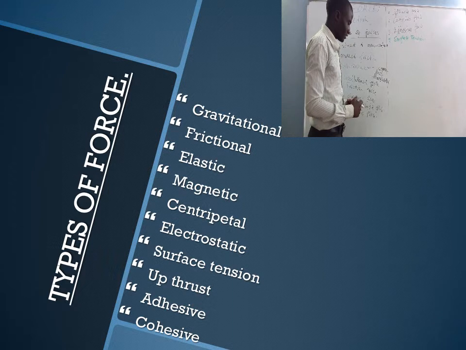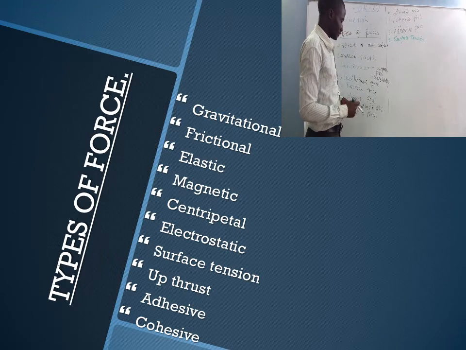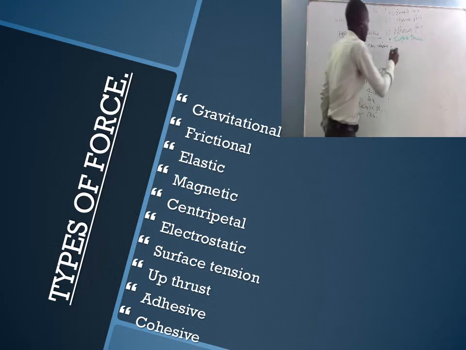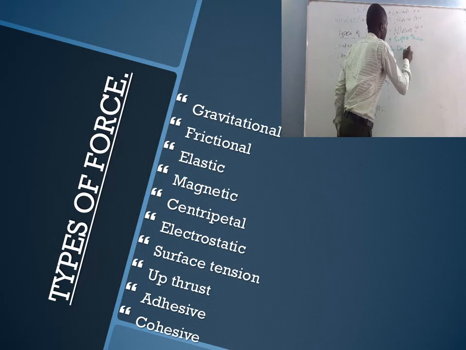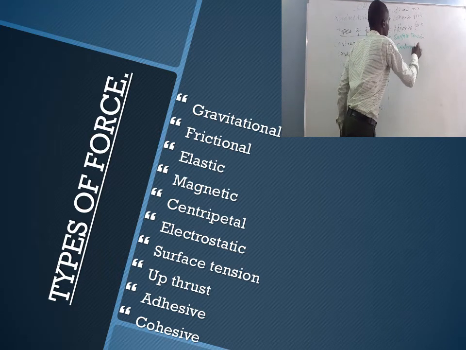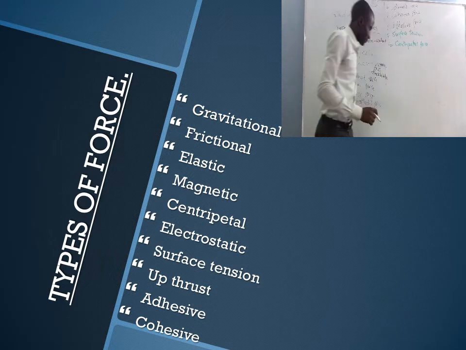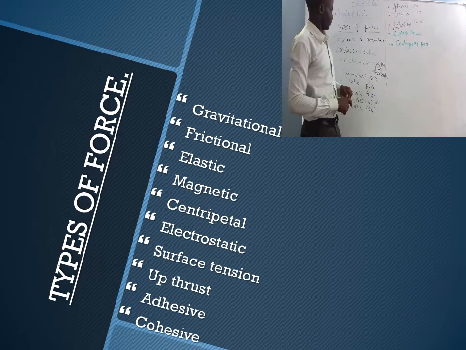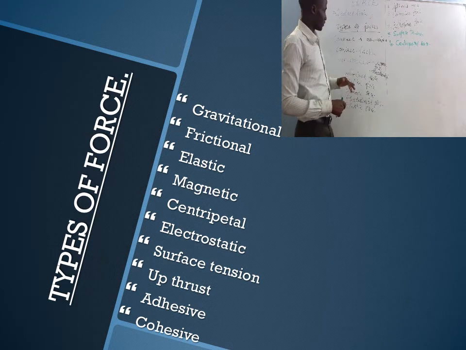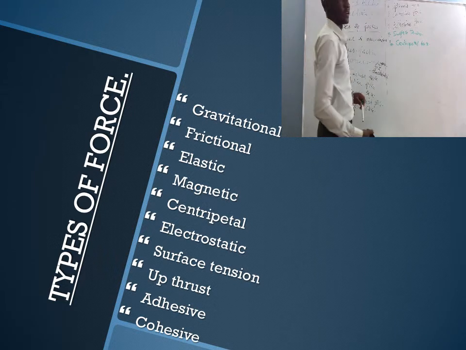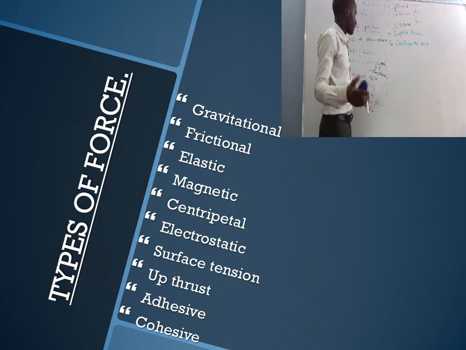Then the 9th is surface tension. Then the 10th one is centripetal force. So let's look at each of the forces one after the other, beginning with the gravitational force.